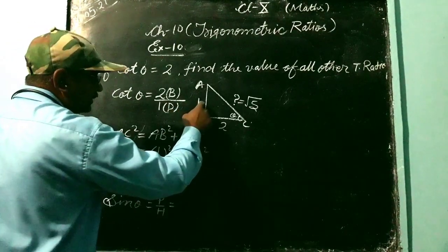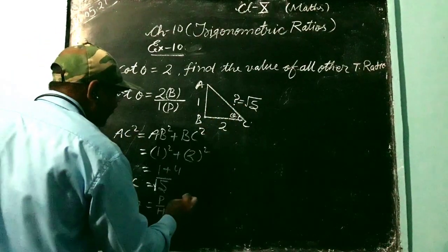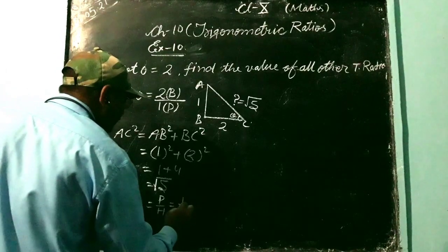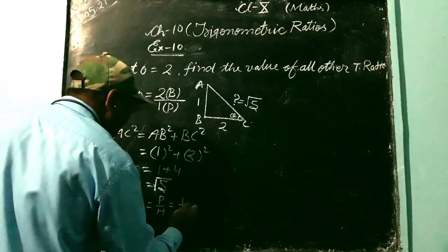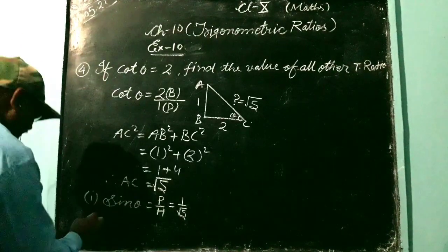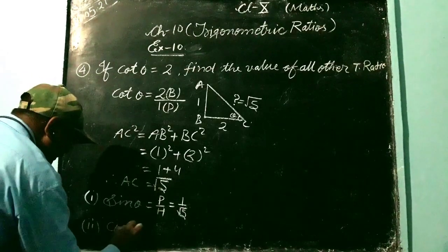Perpendicular is 1 and hypotenuse is under root 5, so it will be 1 upon under root 5. Clear, students? Now second part, cos theta.